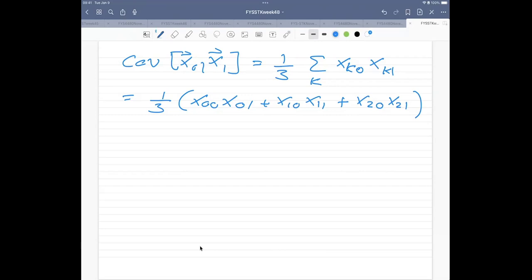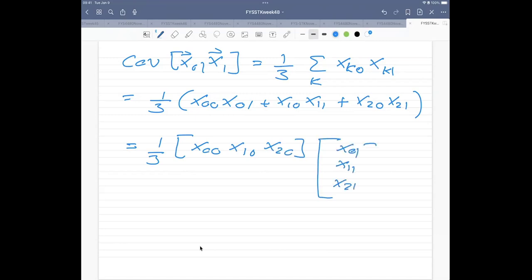So what we have then, if you look more closely at this, is the same as 1/3 multiplied by the vector x00, x10, x20 multiplied with x01, x11, x21.